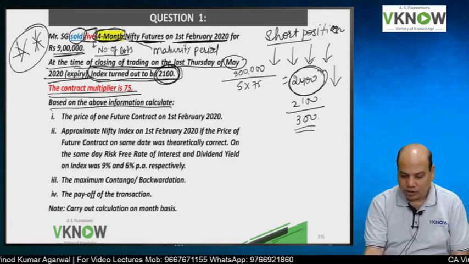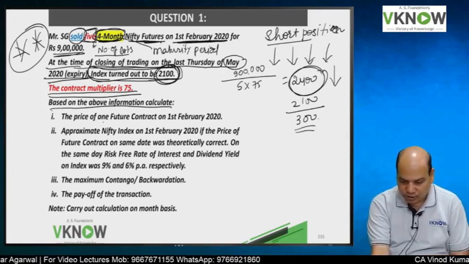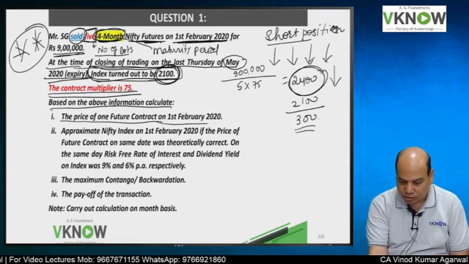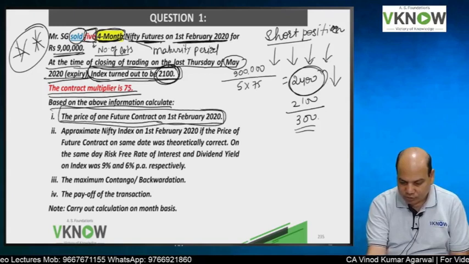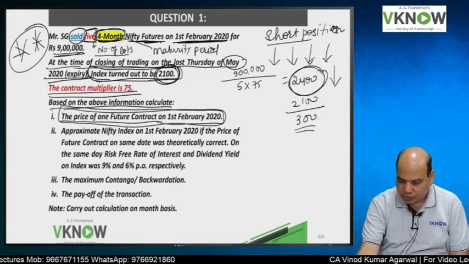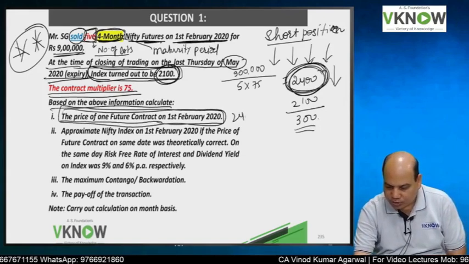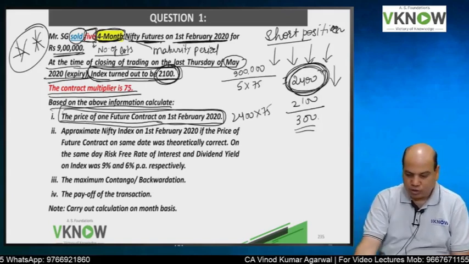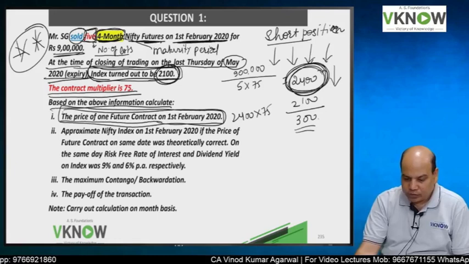Based on the above information, calculate. You have to do reverse working again. The price of the one future contract on 1st April 2020. So on 1st April 2020, the price of the one future contract is 2400 per unit and one lot is 75. So you can calculate the price of one future contract.